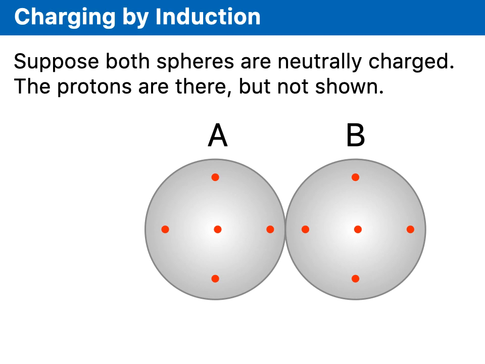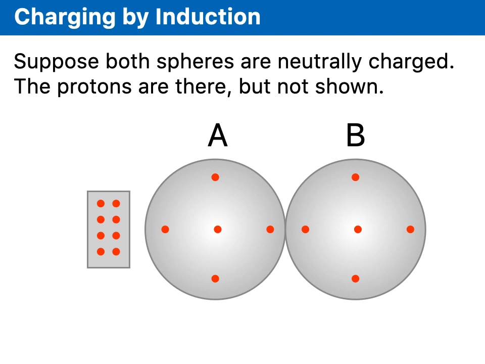So let's say we have two metal spheres. The protons are not shown, but let's say the metal spheres are neutrally charged. I bring some charged object close by, and you know that electrons repel.